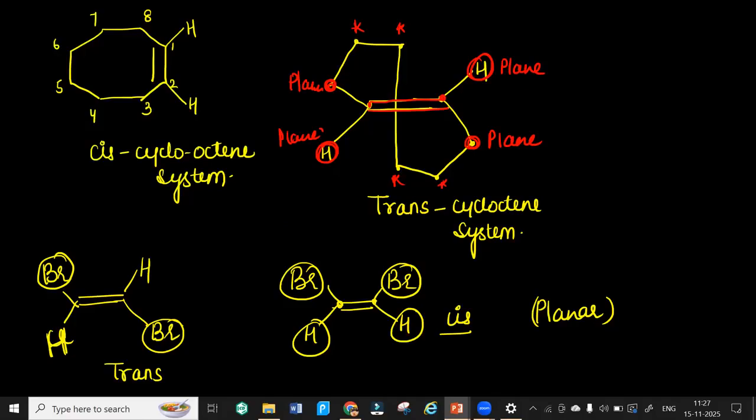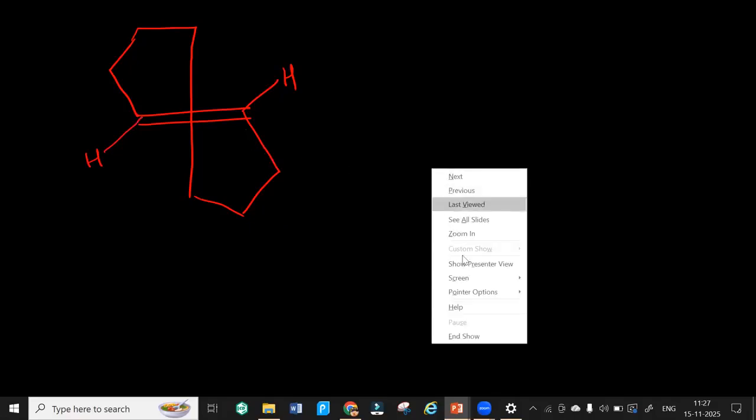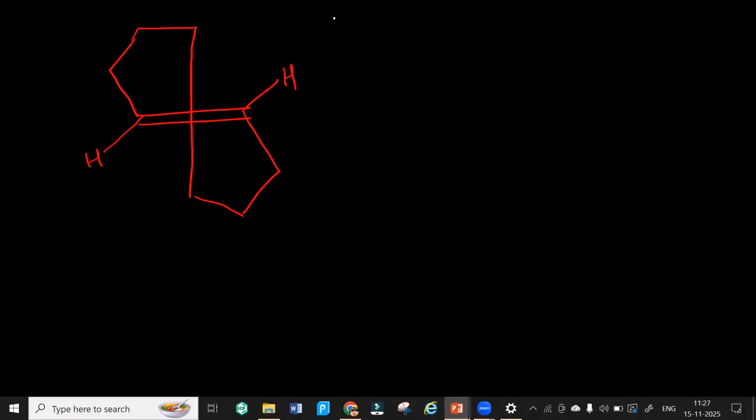So how to find out the R and S configuration in this system? See, for example, I am making the molecule again, and I want to tell you the rules for finding out R and S configuration. This is hydrogen, this is another hydrogen. So if I say find out R and S configuration in this system for this hydrogen, how to find out?